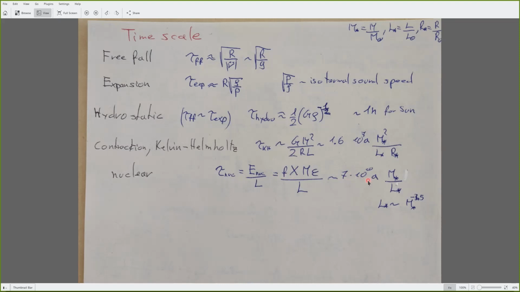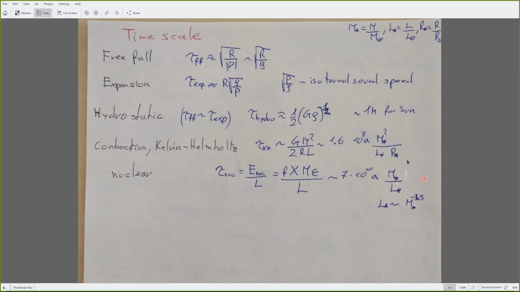17 billion years. It should be less. But maybe here I didn't put the calculation for the fraction. You can put it inside, and considering the luminosity of the stars, it goes as the inverse of the mass to the minus 3.5.